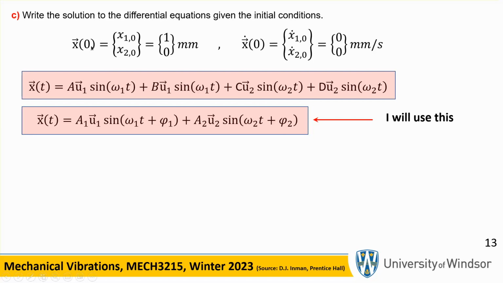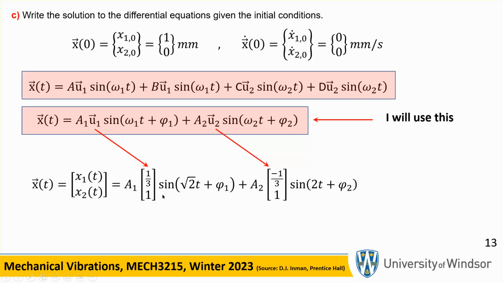First of all, you know the initial condition. For example, t equal to 0. If you set t equal to 0 in this expression, you know that this vector should be 1 and 0. Let's write down what we know. We found u1 and we found u2, the modes. This one went with root 2. This one went with 2. I just want to double check on that.